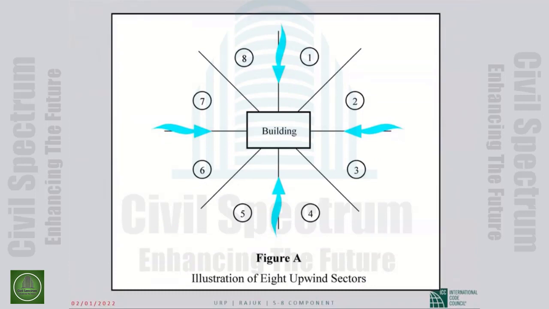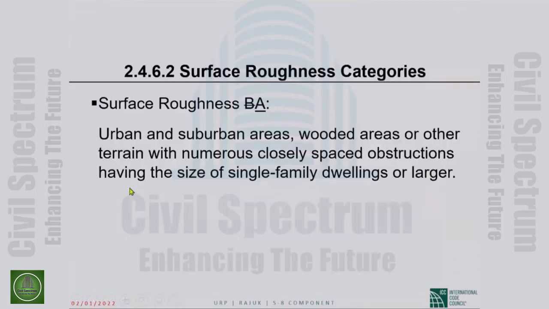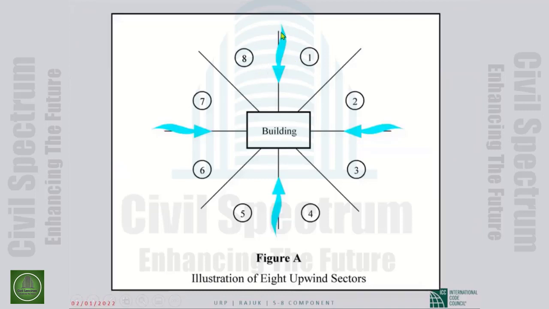ASCE 7 is now telling you that if the direction of wind is from bottom to top in the picture, then you will consider segments 1 and 8 and look at the roughness of the terrain, and whichever segment has the rougher terrain will give you the roughness category, not the exposure category, for that direction of wind.